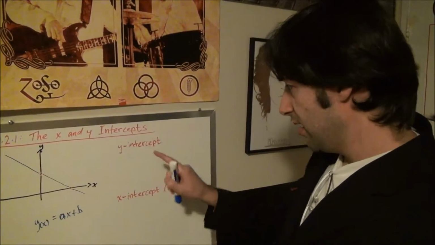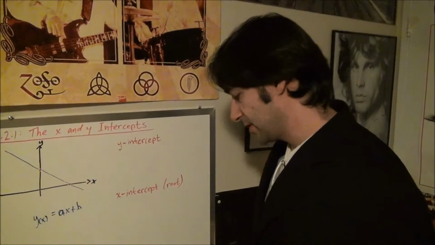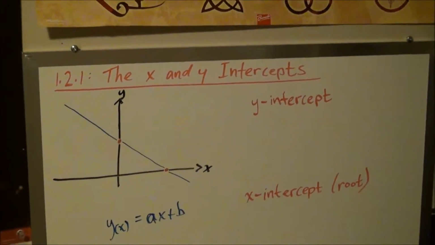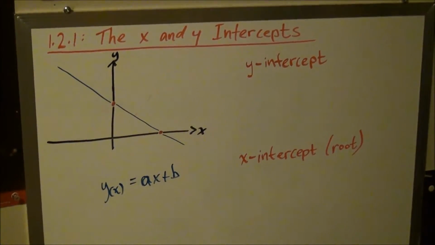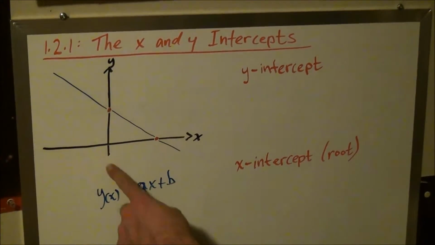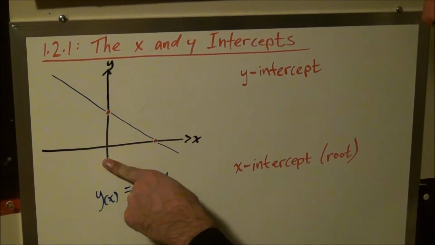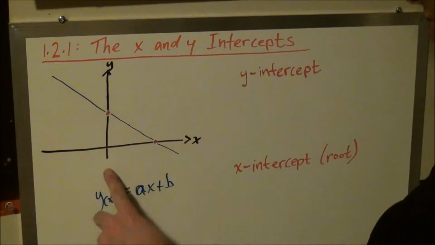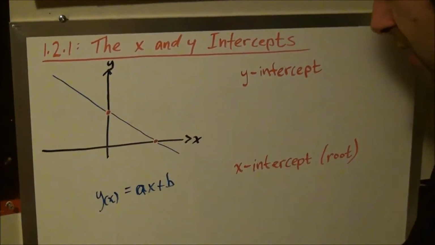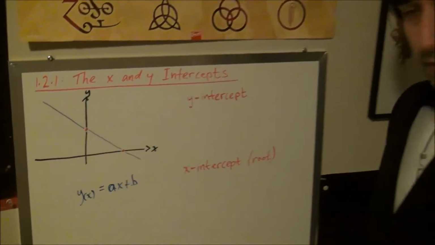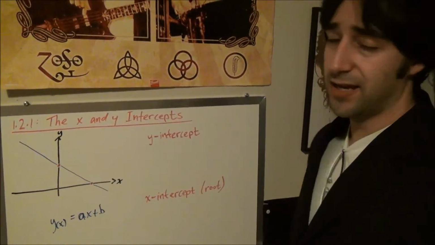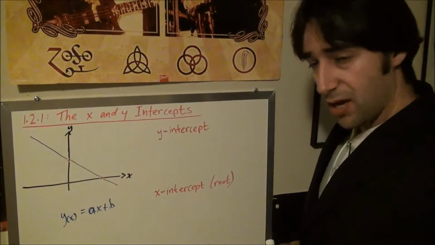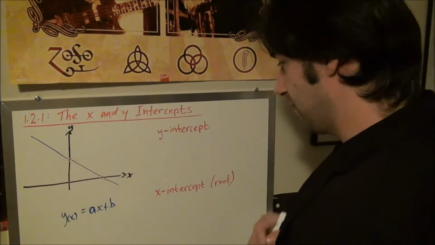Now, let's look at the y-intercept first. The y-intercept satisfies a second condition. The second condition satisfied by the y-intercept is that it must be on the y-axis. Anywhere along the y-axis, all the way up here and all the way down here, x equals 0. So let's take our second condition, x equals 0, and put it into our first condition, where it must satisfy this equation.